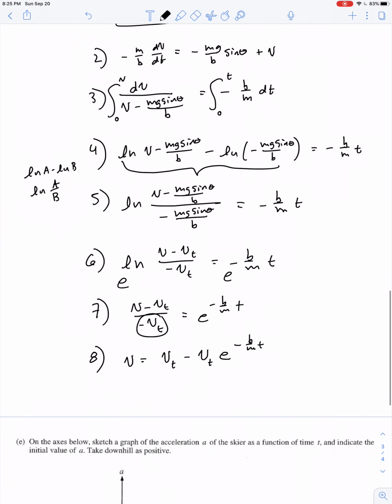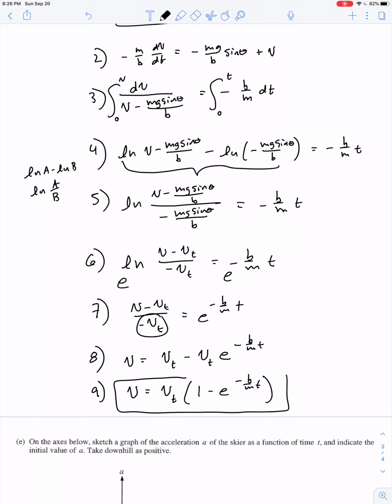And so if we factor out v terminal, we get our final expression. Velocity as a function of time can be expressed as v terminal times the quantity 1 minus e to the negative b over m t. There we go.